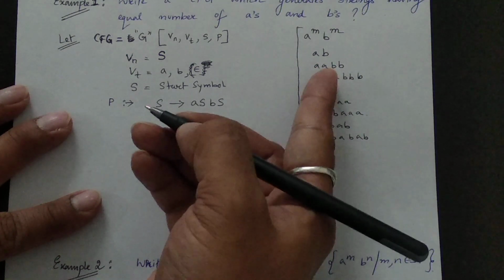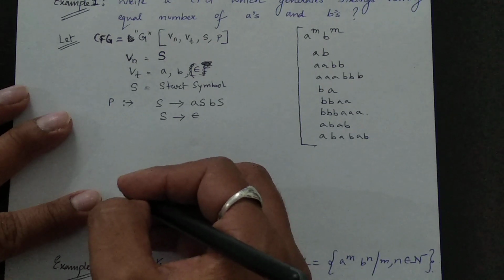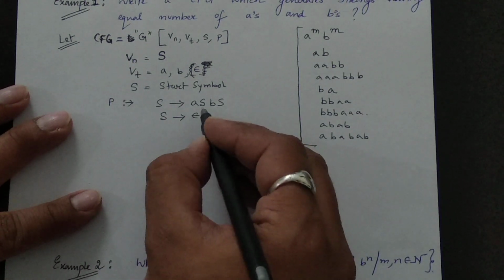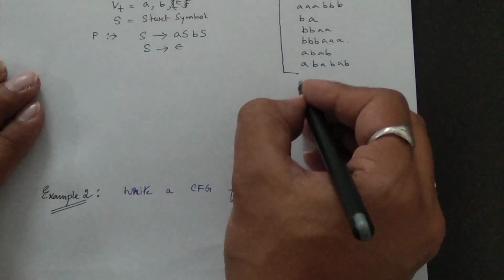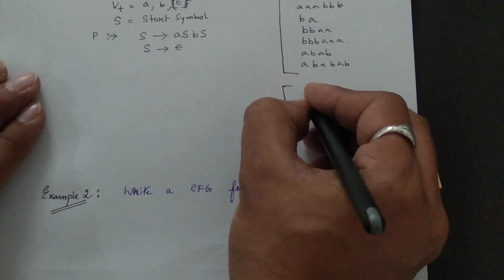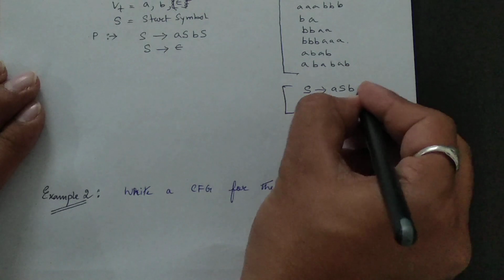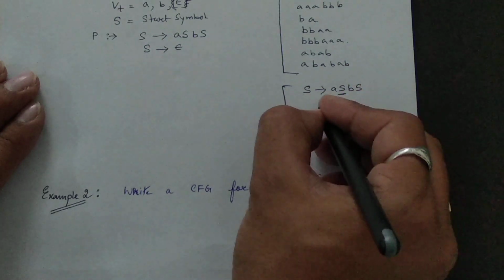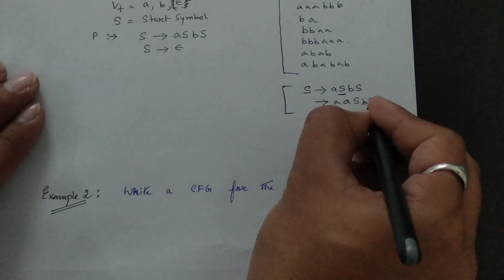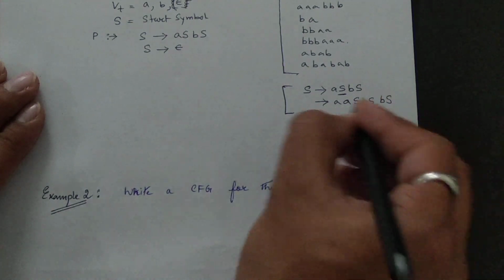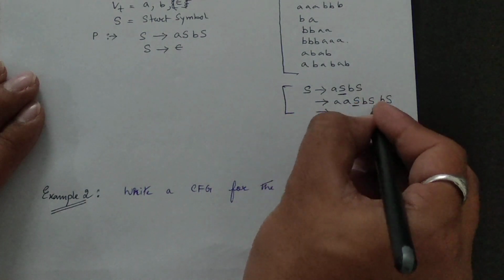Now if I want the second one, AABB, I repeat it in terms of S. I write S tends to A S B S, replace this S by the same production, A S B S, then B S, and then replace this S by epsilon.